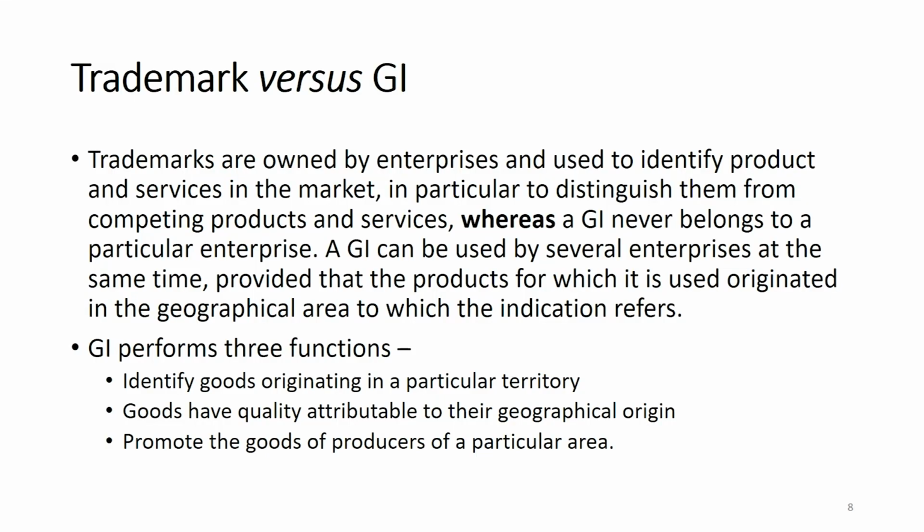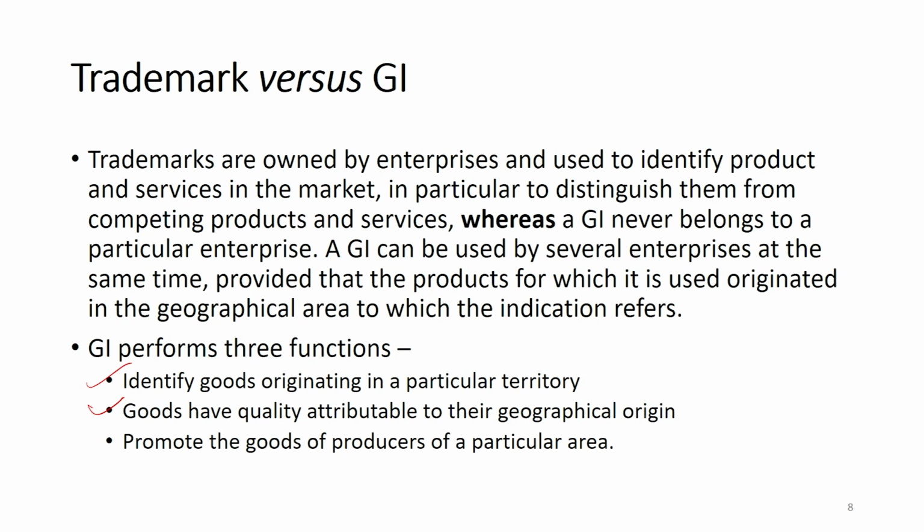Geographical indications perform three functions. As I said, geographical indication identifies goods originating in a particular territory. The first function is that geographical indication identifies goods originating in a particular territory. Goods have quality attributable to their geographical origin.